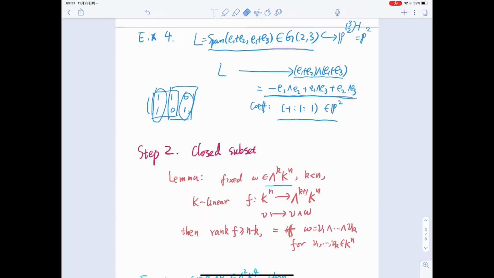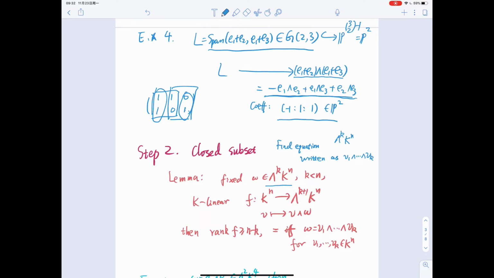So our goal is to find equations describing the alternating tensors in this space that can be written as pure tensors v1 wedge ... wedge vk for some v1, v2, ..., vk in the vector space K^n.